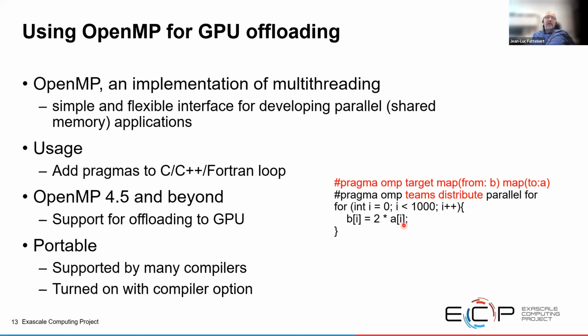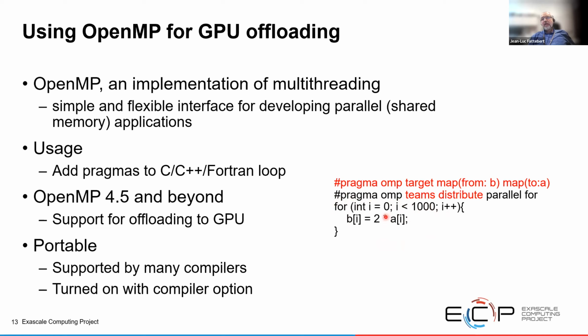Now, when it comes to offloading the code to GPU, one thing we looked into earlier on was to use OpenMP. If you're not familiar with OpenMP, it is essentially a way of implementing multi-threading in your code by simply adding pragmas. I'm showing an example on the right. All the black fonts are what you would do on a CPU.